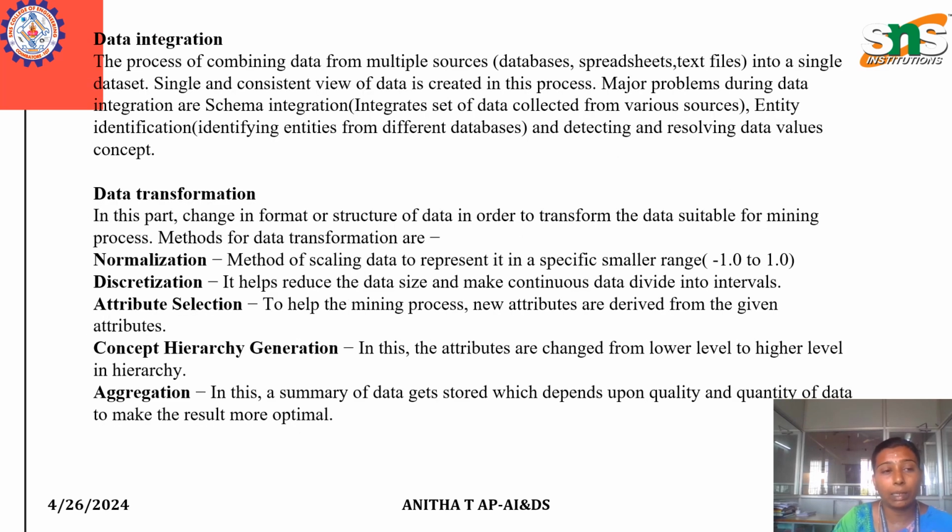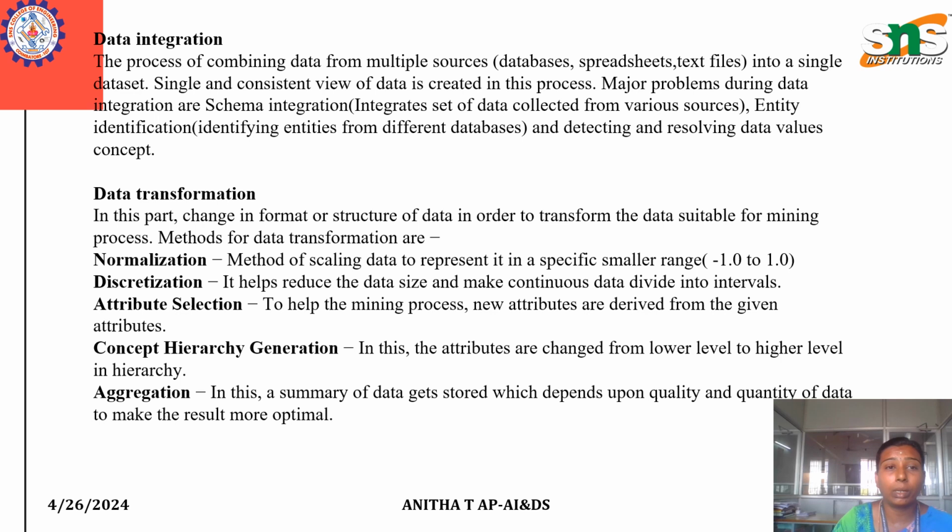Next, data integration. This is the process of combining data from multiple sources, which are databases, spreadsheets, and text files, into a single data set. A single and consistent view of data is created in this process.